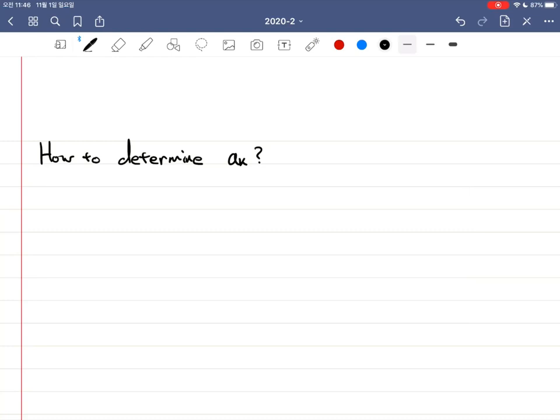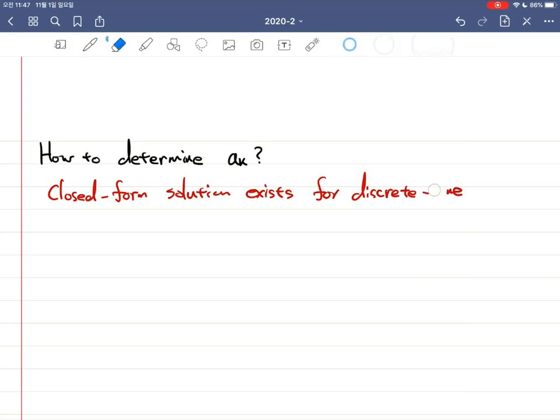Contrary to continuous time, for our discrete time case, we have a closed form solution because we do the summation for just one period.